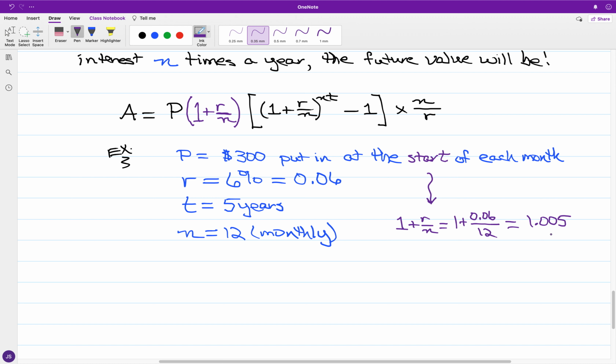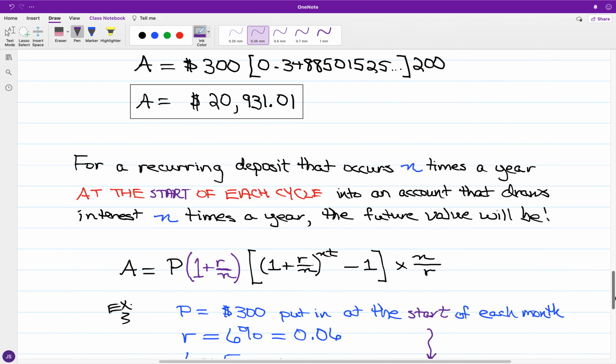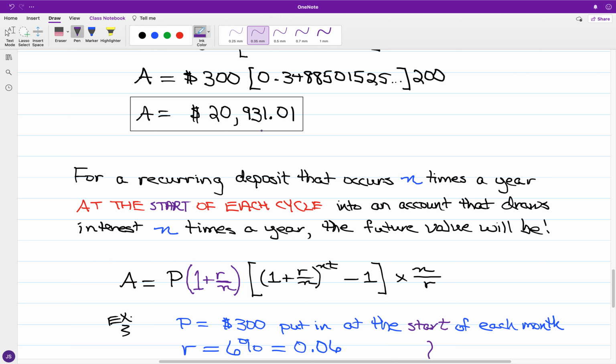The difference between this example and what we had before with the end of the month investing is going to be this particular factor. With this formula, again, I have the number 1.005, and the balance I had before with the end of the month investing was $20,931.01.